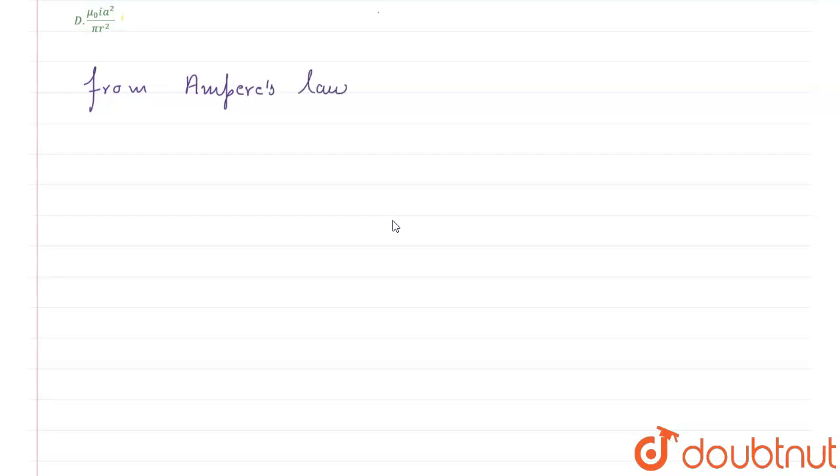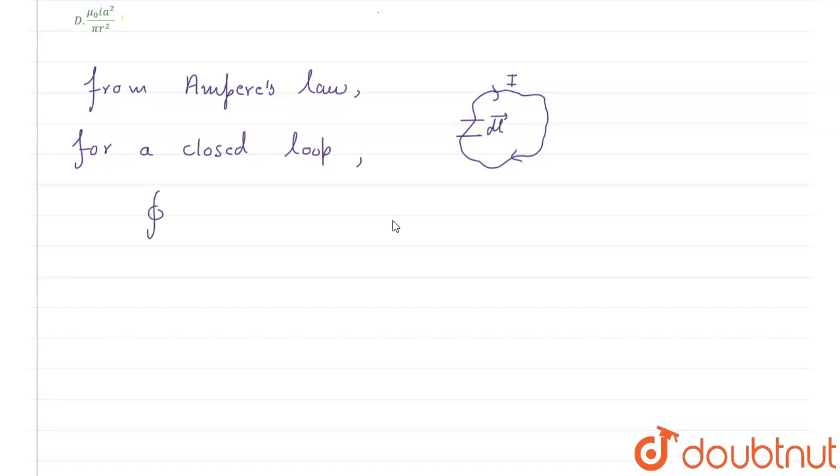From Ampere's law, we know that for a closed loop having current I, where we take some current element dl, the line integral of magnetic field B dot dl equals mu naught times the current enclosed by this loop, where dl is our current element. So this is our Ampere's circuital law.